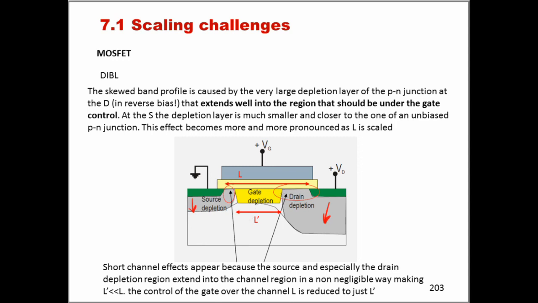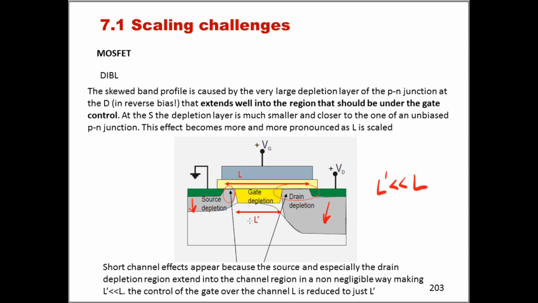So effectively, if L was the intended channel region, the true channel region now is actually L prime. And the short channel effects arise because in this case L prime is becoming much smaller than L.